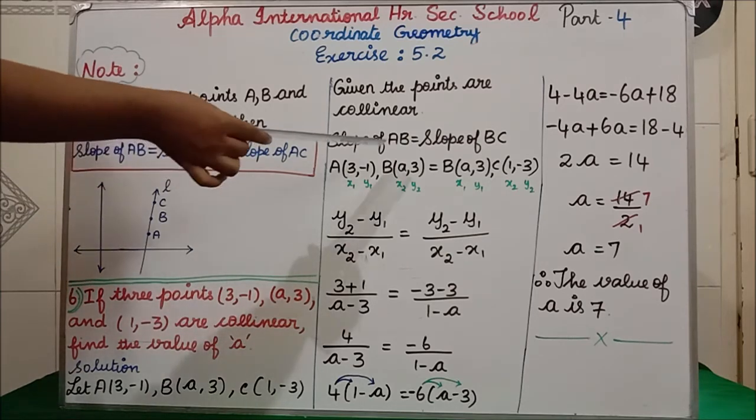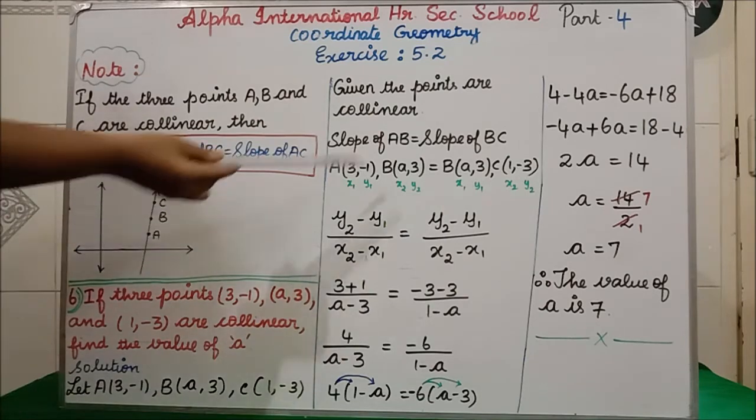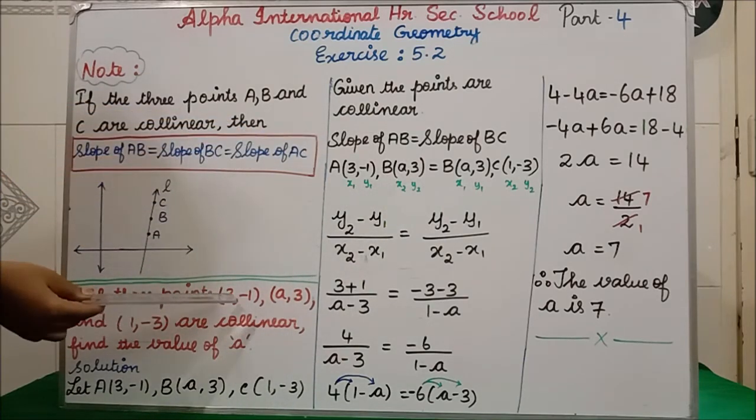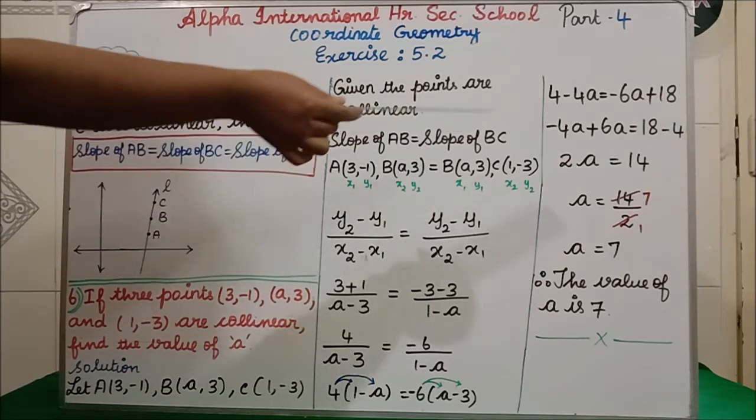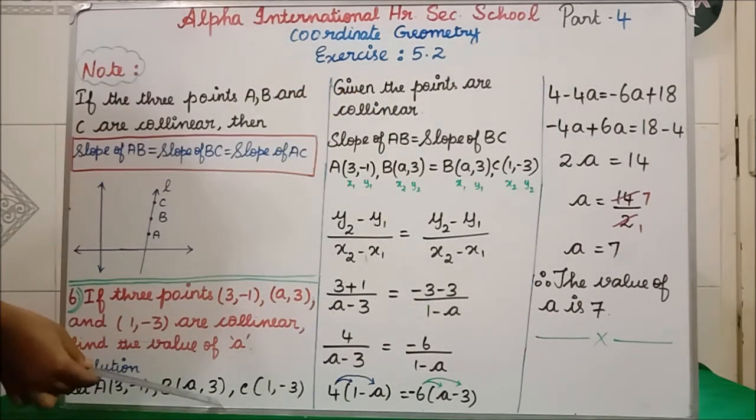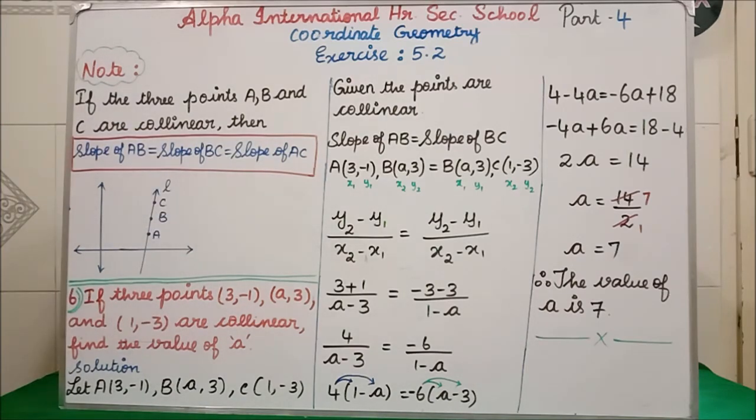Now slope of AB equal to slope of BC. A value is what they gave in the question, (3, -1). B is (a, 3), and BC means B value is (a, 3), C value is (1, -3). Now for slope of AB, we have to use the slope of two points formula.